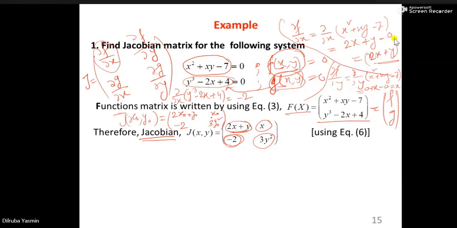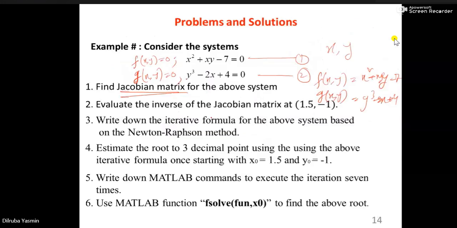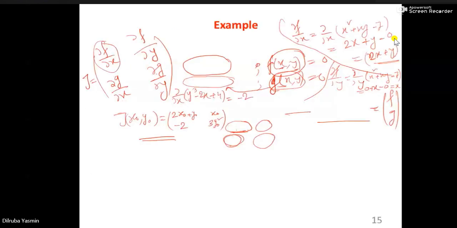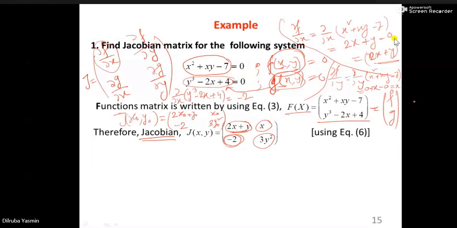So look at the question. This is the initial point. That means x naught equal to 1.5, y naught equal to minus 1. If you substitute x naught equal to 1.5 and y naught equal to minus 1, you can get the Jacobian matrix at the x naught y naught point. Then you can easily find the determinant of the Jacobian matrix, isn't it?